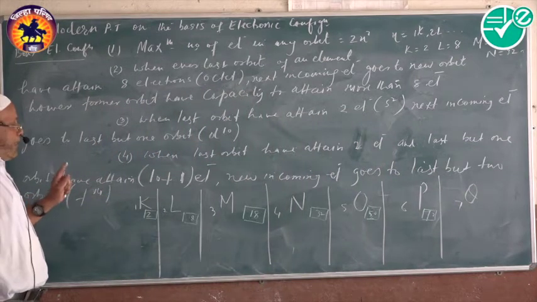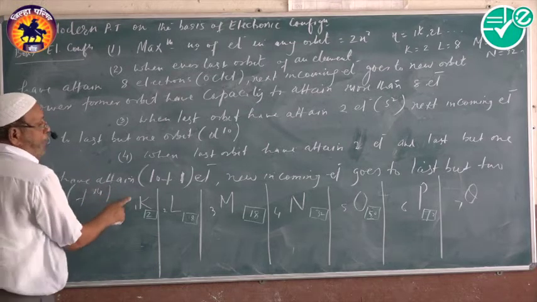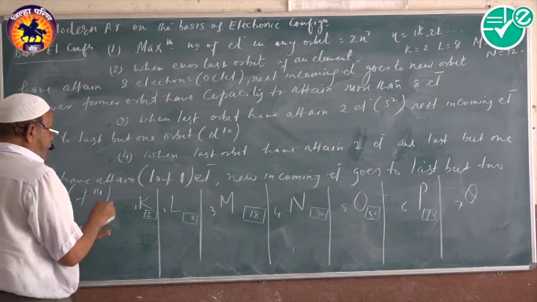Number 2: the number of suborbits in any orbit is equal to the orbit number.